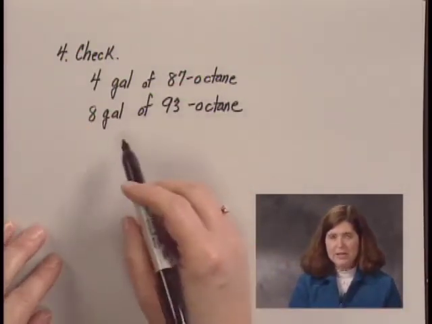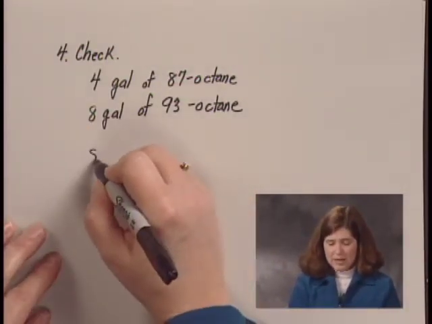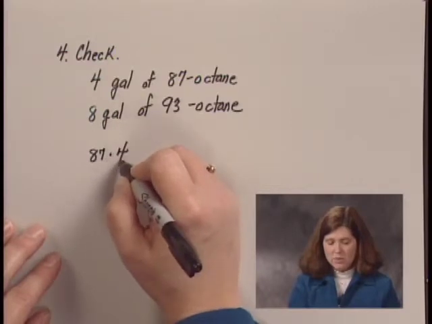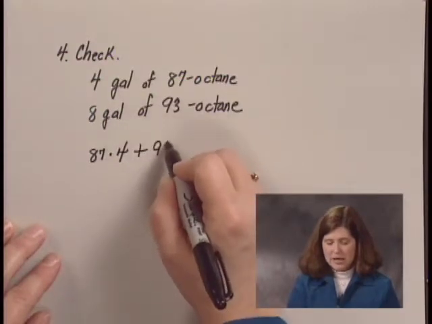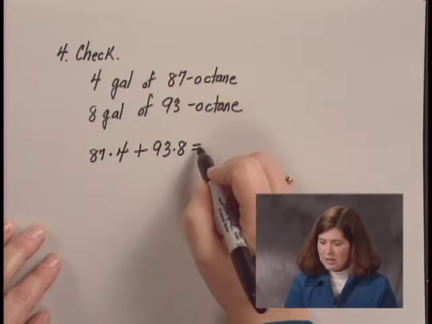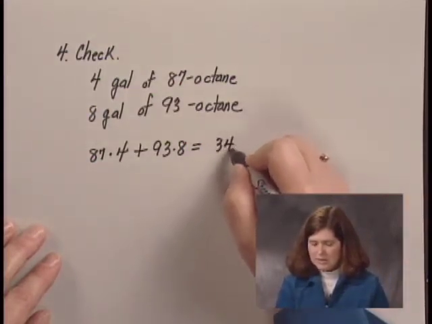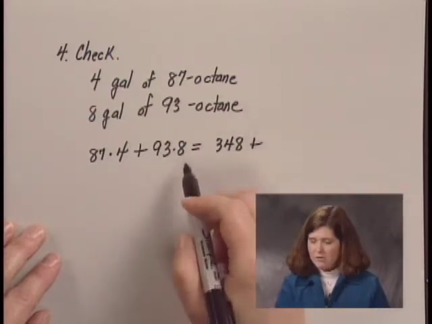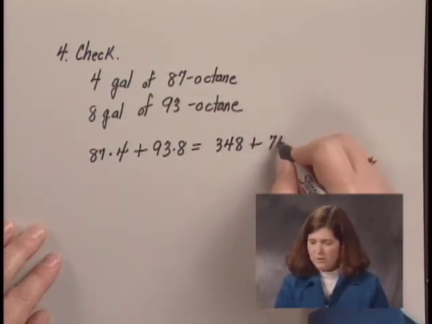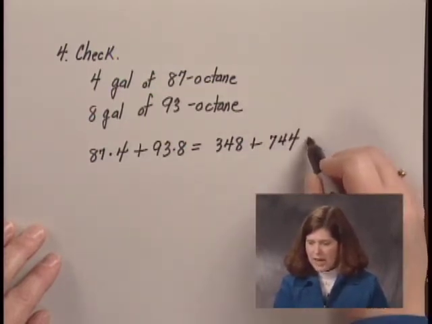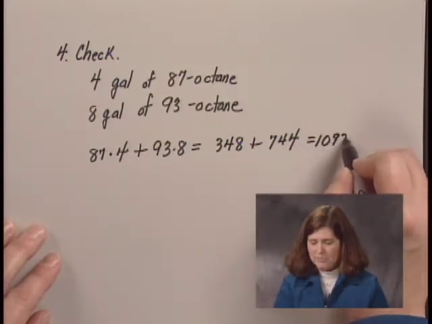Also, let's check the octane rating. 87 times 4 plus 93 times 8. If I multiply 87 times 4, I get 348. Multiply 93 times 8, I get 744. And when I add, I get 1,092.